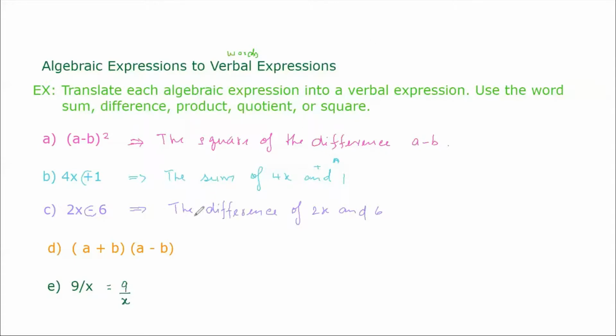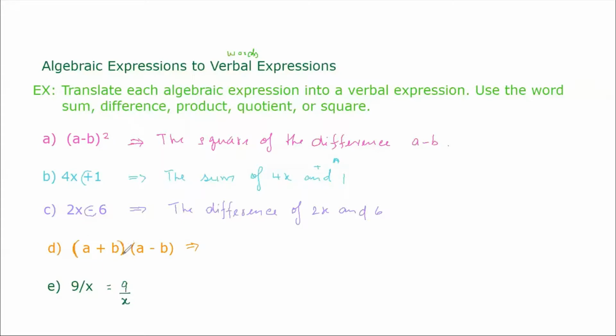Okay, the example question D. Observe which one is the last operation. We have to do everything in the bracket first, right? By the law of mathematics. Inside, we have to do a plus b first, and then a minus b. After that, we just multiply.